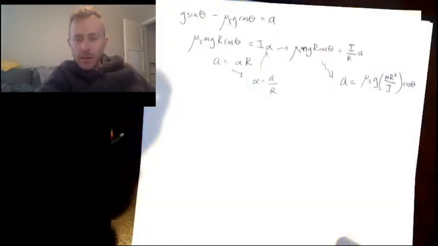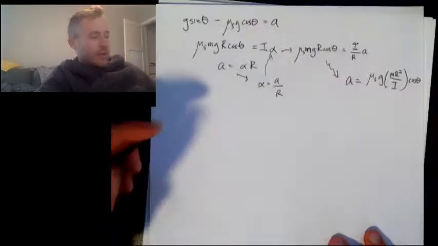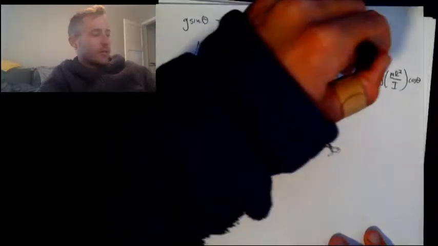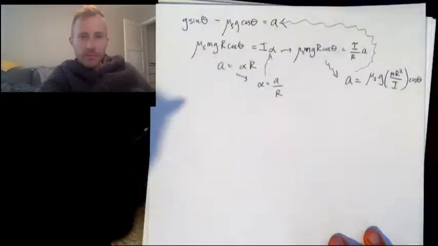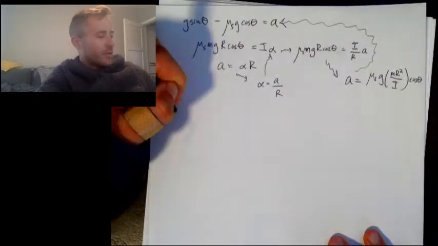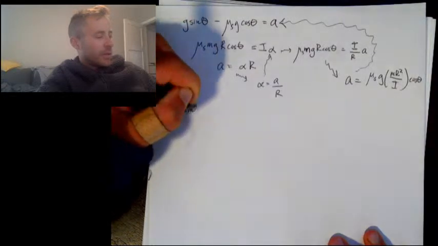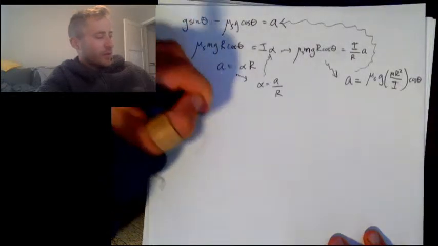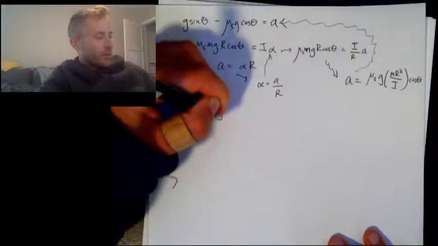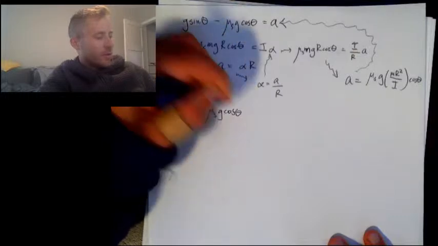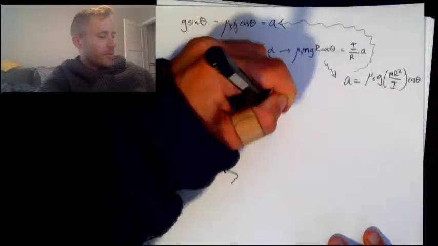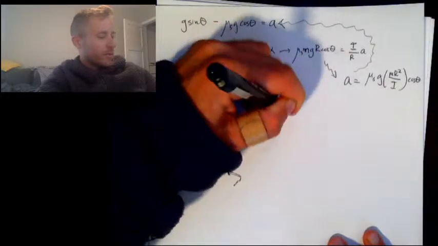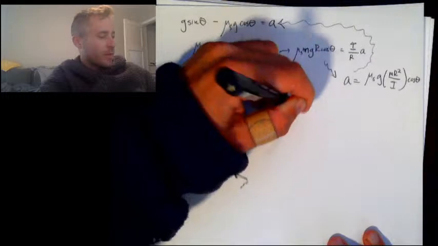All right, like that. I can then take this equation for the linear acceleration and plug it into here. So now I have g sine of theta minus mu sub s g cosine of theta equals mu sub s g mr squared over I cosine of theta.